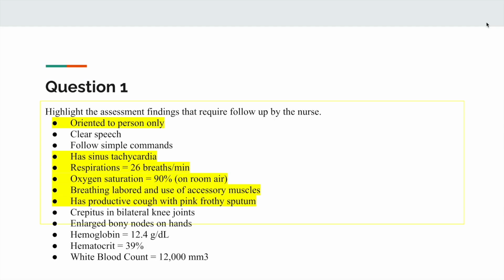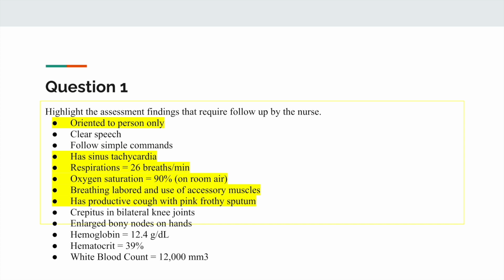So for question 1, we're highlighting the assessment findings that require follow-up by the nurse. The ones that require follow-up: she's oriented to person, to self only. She has sinus tachycardia, respirations are 26, oxygen saturation 90%, breathing labored, use of accessory muscles, and productive cough with pink frothy sputum.